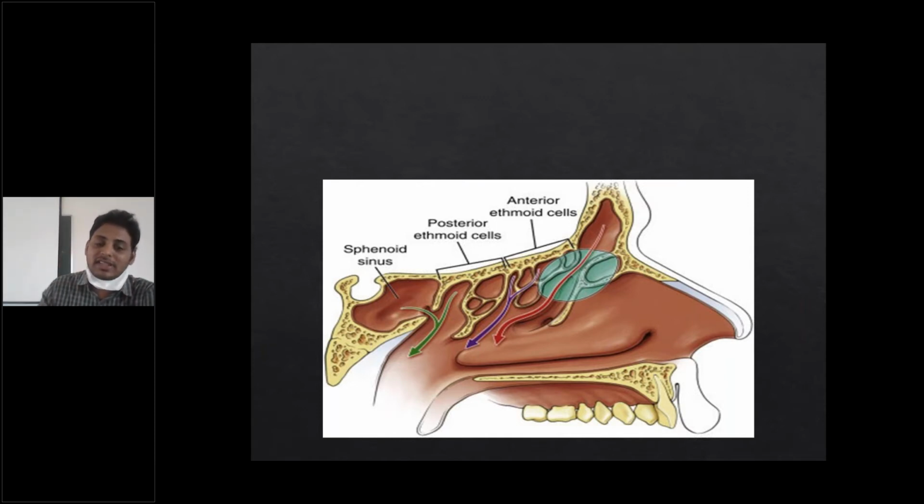If there is infection of these anterior group of sinuses, there will be hypertrophy of the lateral pharyngeal wall. If the infection is from the sphenoid sinus or frontal sinus, especially the sphenoid sinus, there will be secretions coming from the posterior pharyngeal wall. If you see any patient with secretions coming around the posterior pharyngeal wall, you may suspect sphenoid sinusitis or frontal sinusitis.